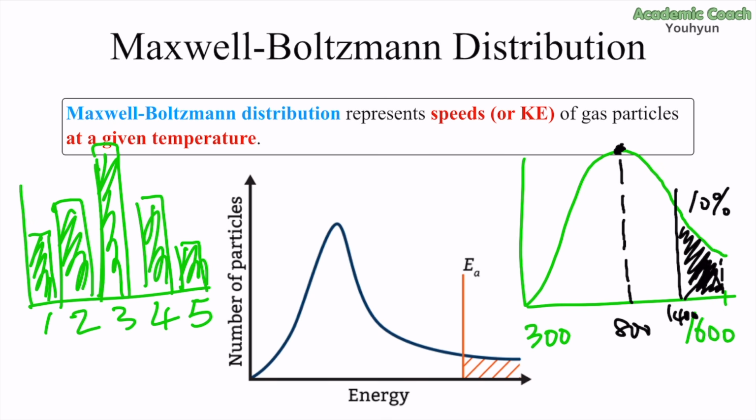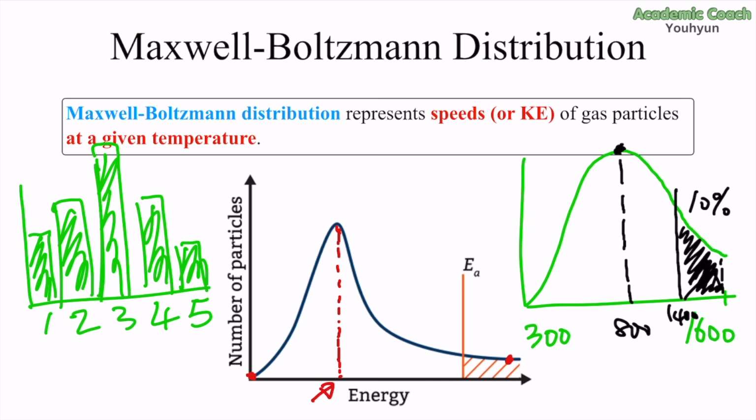Since these particles go through constant random motion, they have very different speeds. Some of the particles have a very, very small speed that's almost zero, while some of the other particles have a very, very high speed. And most of the particles will have a speed or kinetic energy that's quite low right here. So this is the most common kinetic energy value that these particles carry.